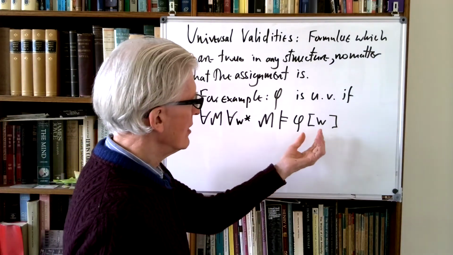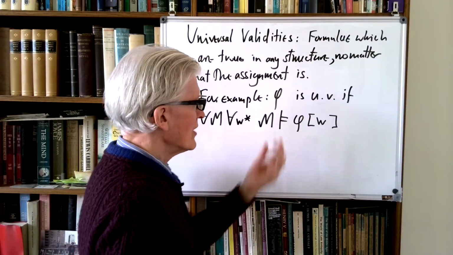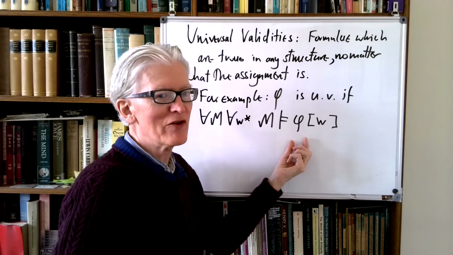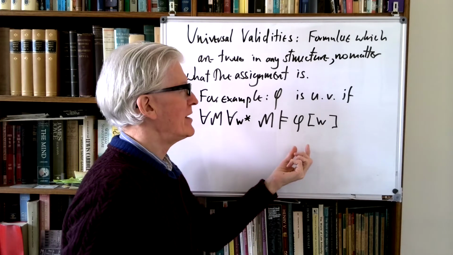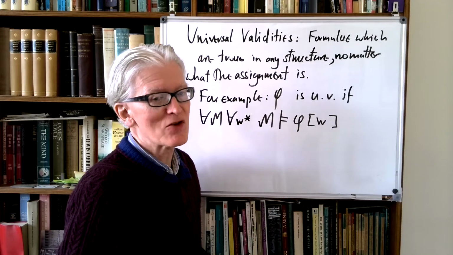So for any structure at all, for any evaluation, it doesn't matter where we look when we interpret the formula phi, it will always be true in any structure or model, so structures and models are synonyms.